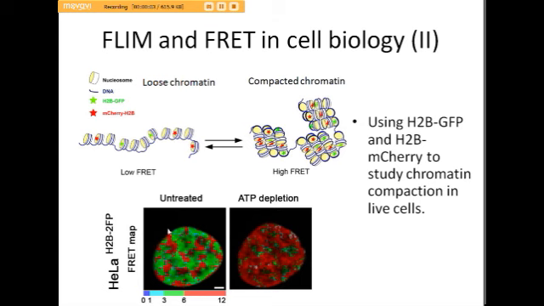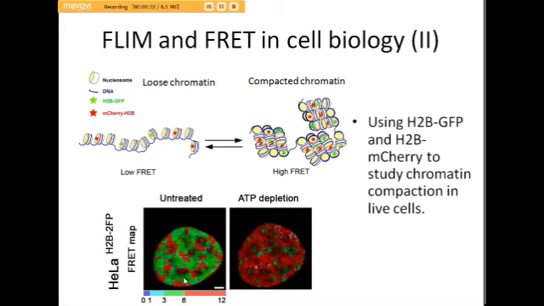So here is the experiment. Here is the nucleus under ATP sufficiency condition, and here is the nucleus under ATP depletion condition. We know that within the nucleus there is chromatin. Here the color code shows the FRET efficiency. We can see that it is mainly green, and green indicates a low FRET efficiency.